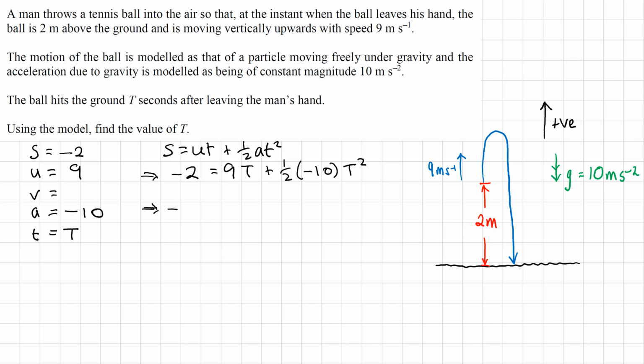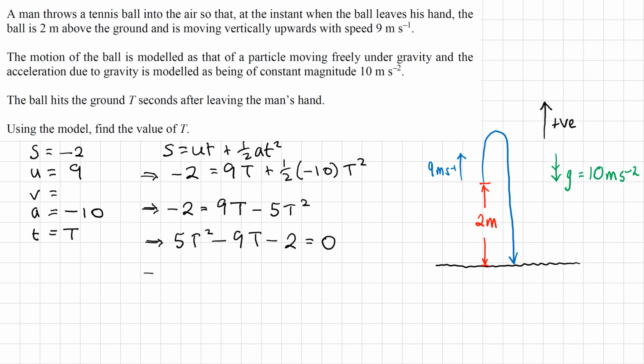You'll get -2 is equal to 9t, and then half of -10 is going to be -5, so minus 5t squared. This looks like a quadratic, so let's rearrange it. 5t squared, if we move that across, minus 9t minus 2 is equal to 0.